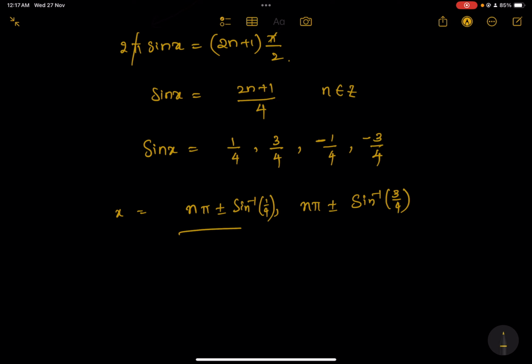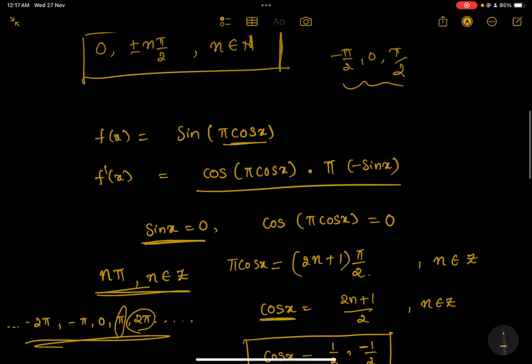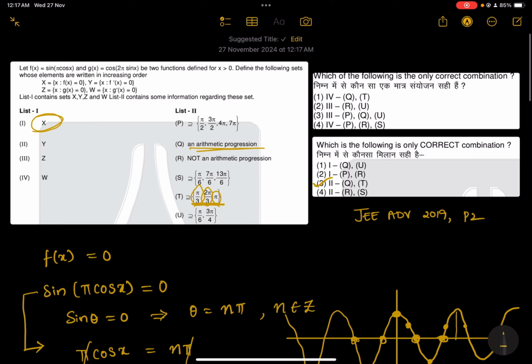So this is just direct. When you have sin x equal to some value, you know how to write the general solution, so I just wrote that. Now let us go ahead and check the options. For the third option, it is given RU and PQU. Okay, RU, PQU.